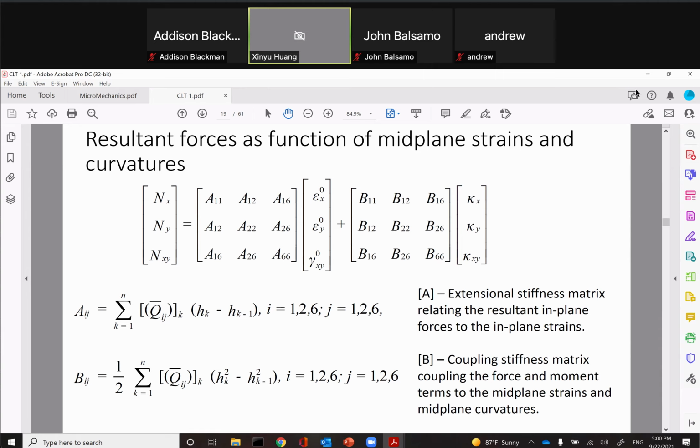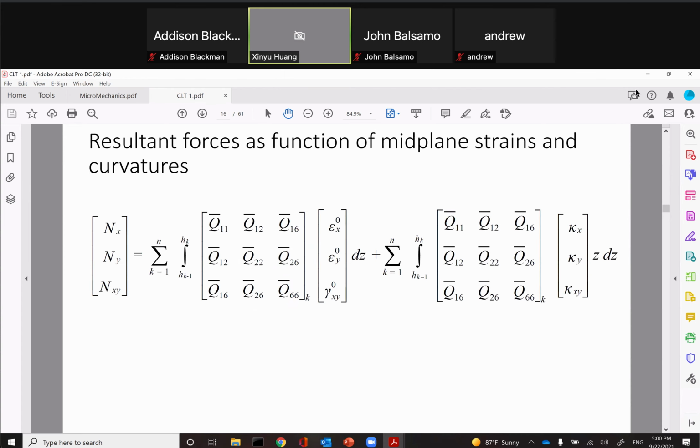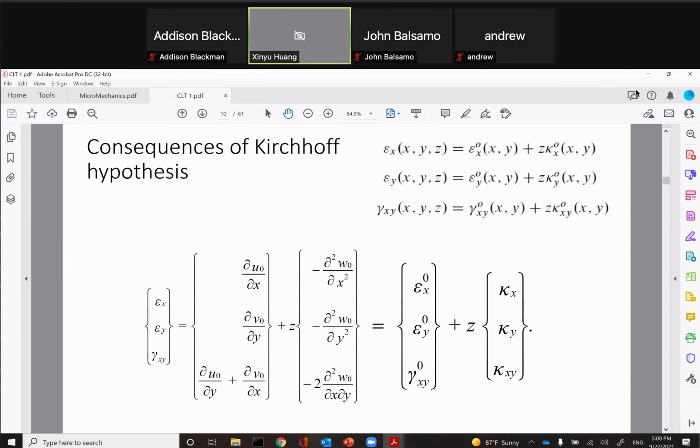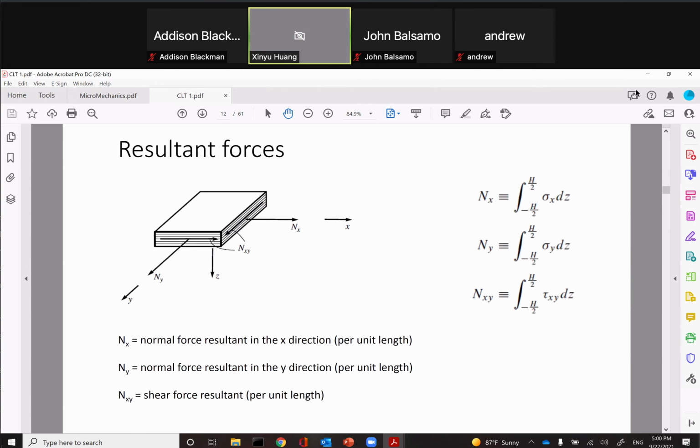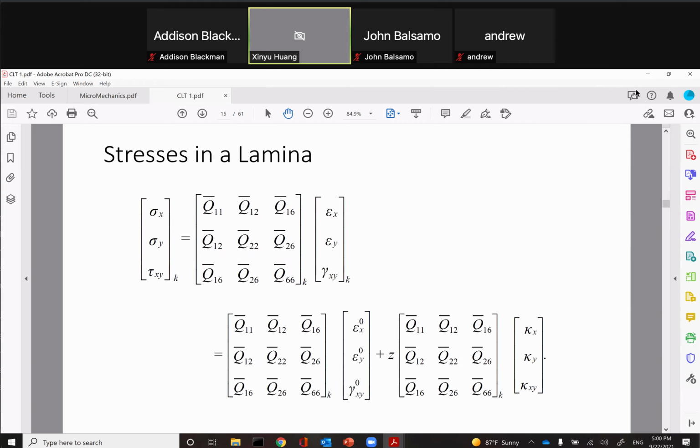Then when you figure out the mid-plane strain and curvature, you can go back. You can calculate strain everywhere, right? This is the strain over the whole body. If you know the strain over the whole body, you can calculate stress anywhere, which is this equation.